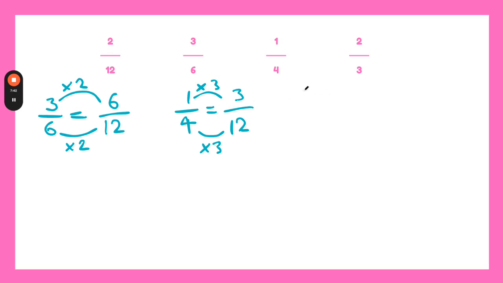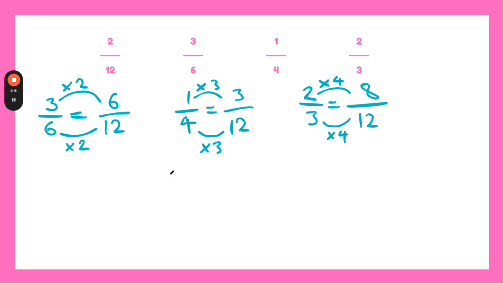And our last fraction, 2/3, is equal to some fraction over 12. So 3 multiplied by what number gives us 12? Well, we multiply by 4, because 3 times 4 is 12, which then means we must do 2 times 4, which is 8.